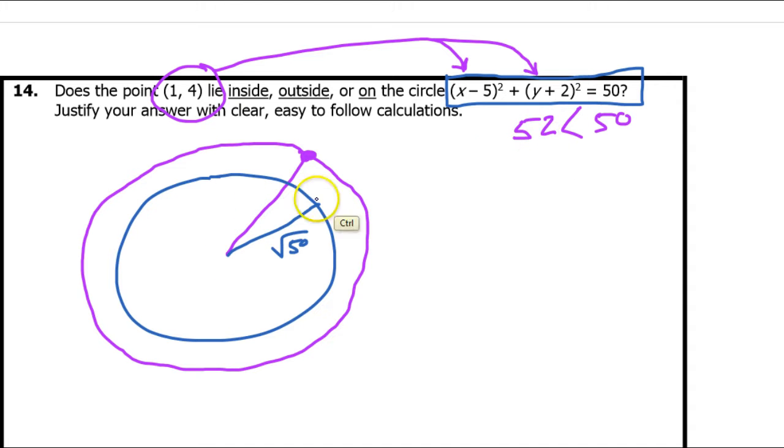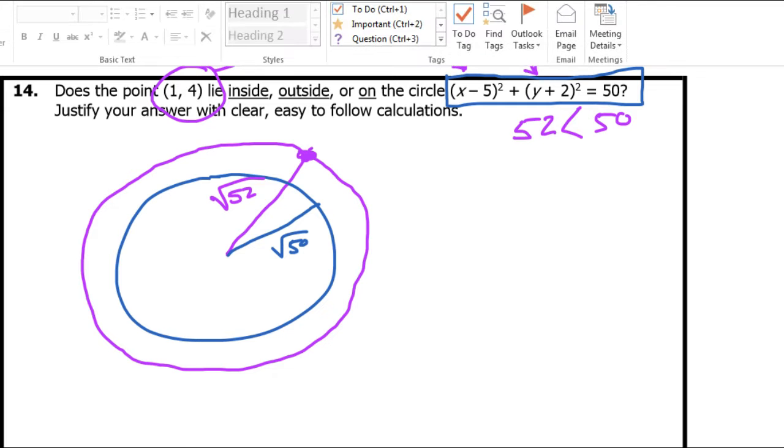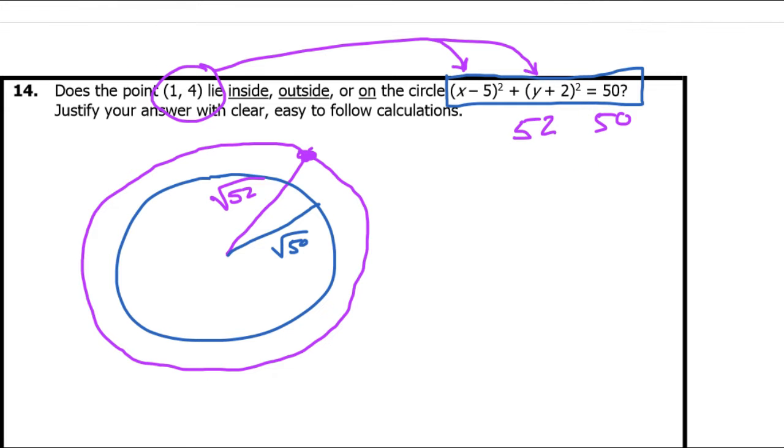Technically, 52, for example, would mean that the radius is the square root of 52. But the point is it's bigger than the original circle. So that would put the point clearly outside of the original circle. So if I get a number that's larger than, well, you know what, I should have changed the less than sign when I did my erasing. 52 is greater than 50. So if that happens, then I'm going to say that my point is outside the circle.